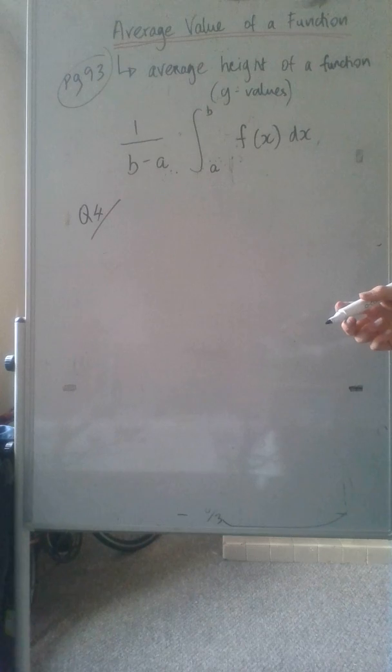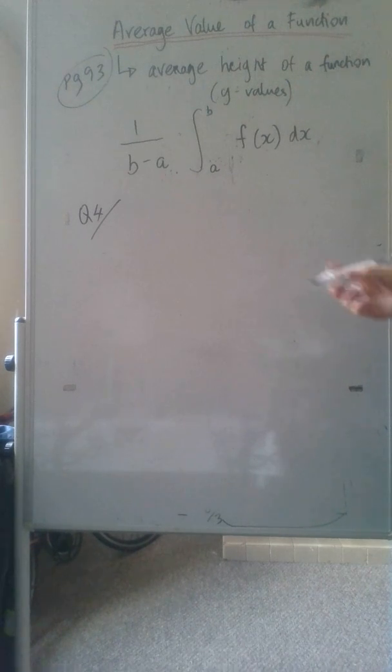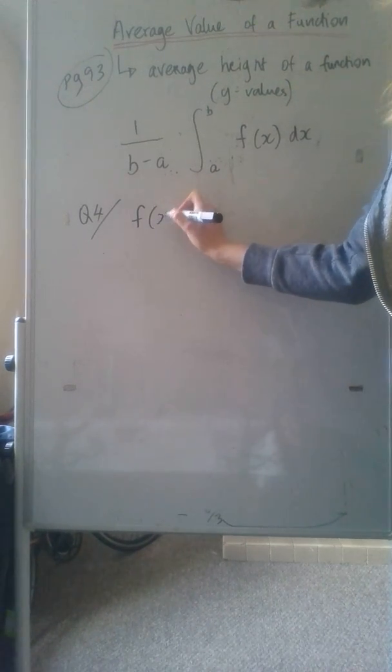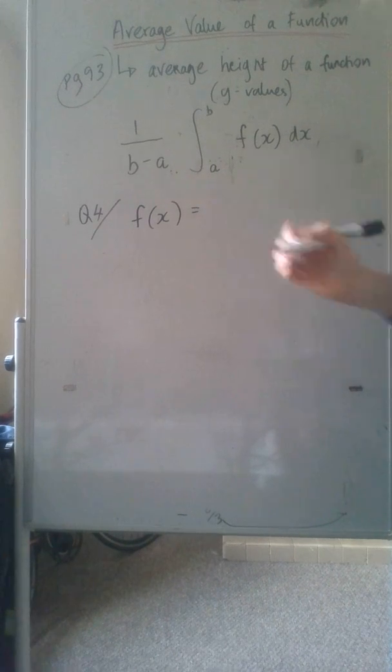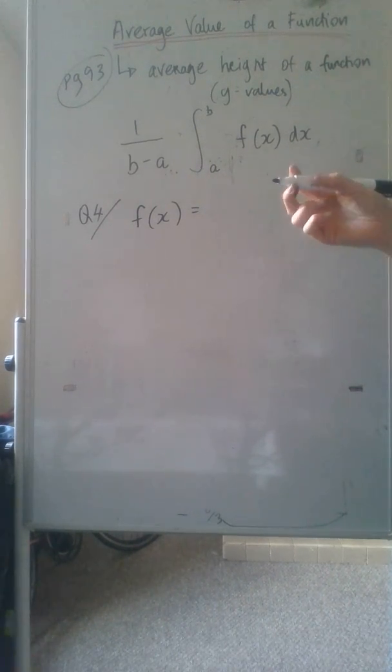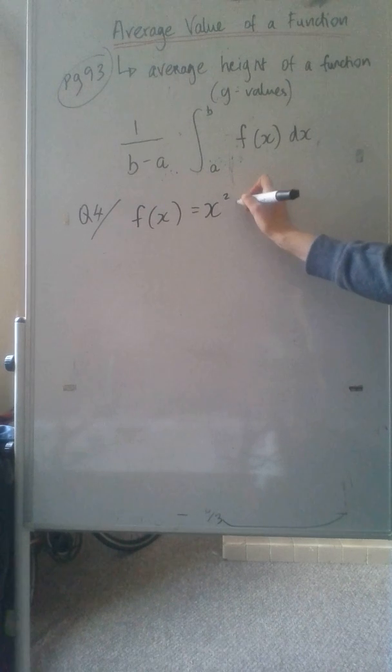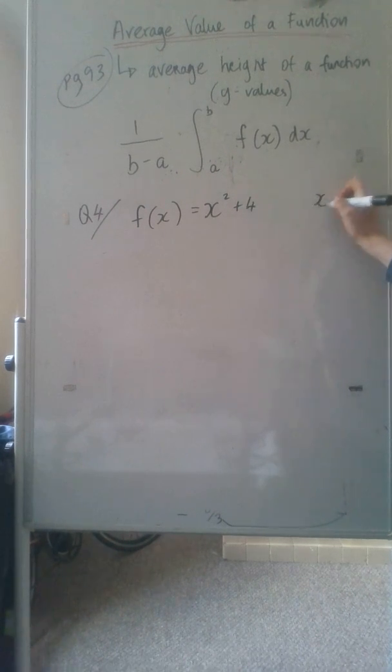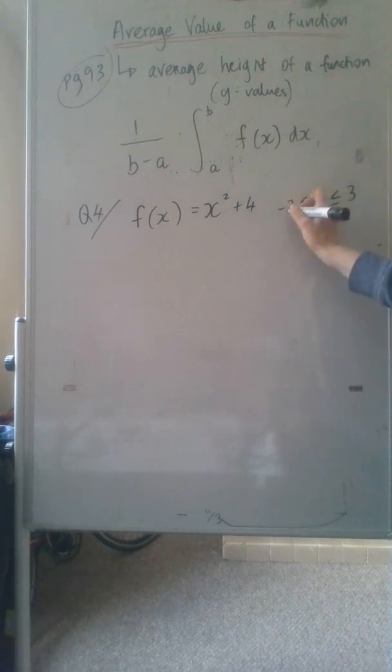I won't write the whole question out; you'll have it in front of you on page 93. So they gave f(x) is equal to x squared plus 4, and the interval you're interested in is between 3 and -2.